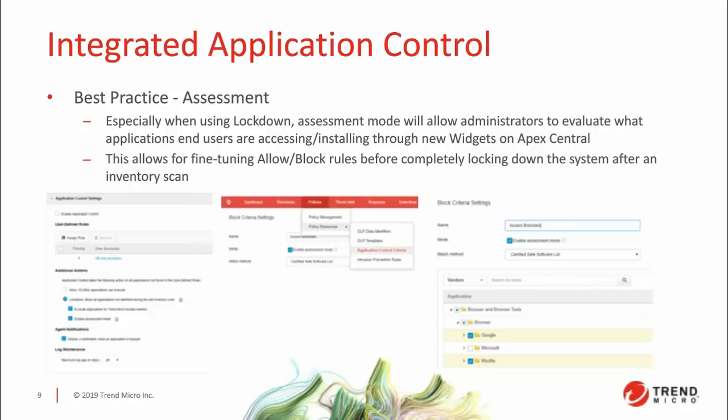So once you put in assess mode, you can see exactly what a user is trying to run, or users are trying to run, and maybe you want to whitelist that in your environment or add it to the Trusted Program list because every user is trying to use it. But generally, you just want to leave it in assess mode for a period of time where you can evaluate exactly what is going down before you send out a block and get some complaints from HR about Minesweeper not being allowed through.